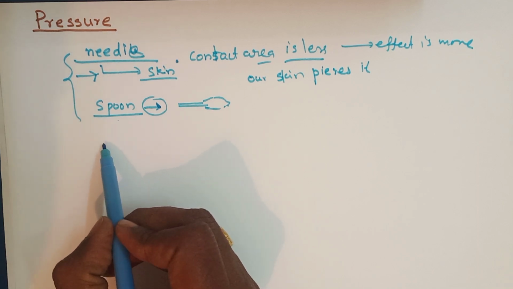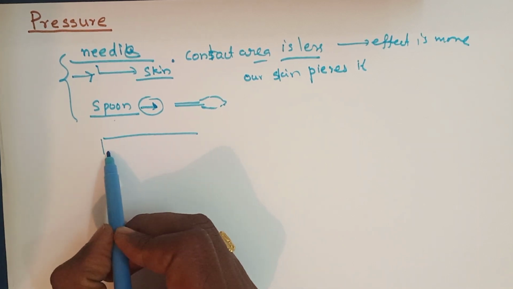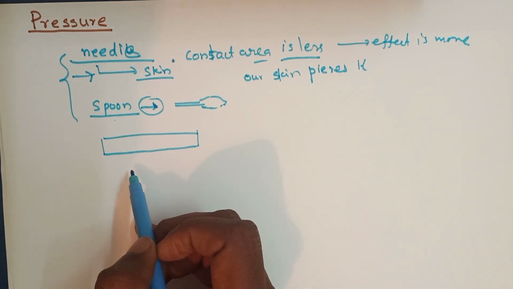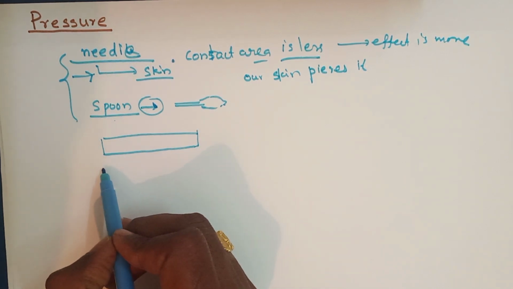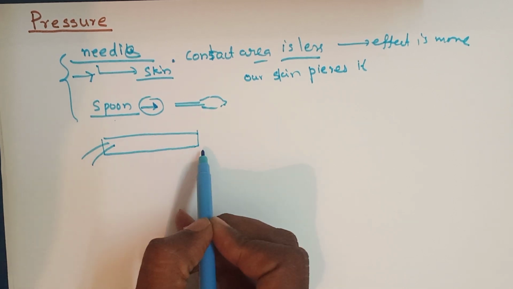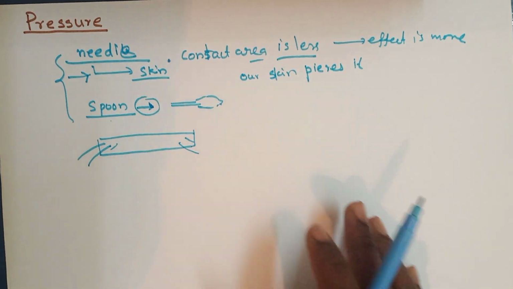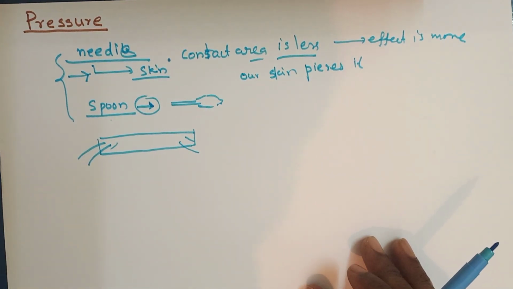In the circus, they take a long wooden plank and keep heavy weights on either side of it, so that the ribs would not be broken.